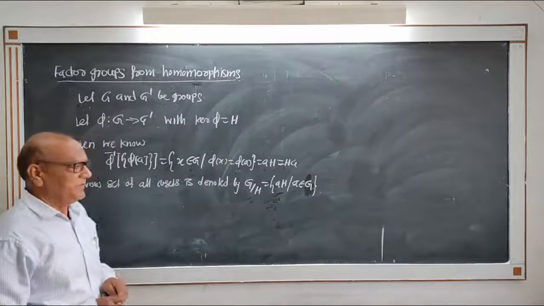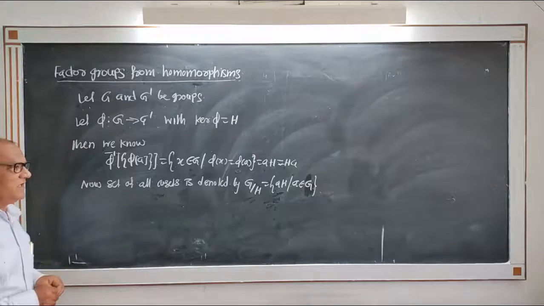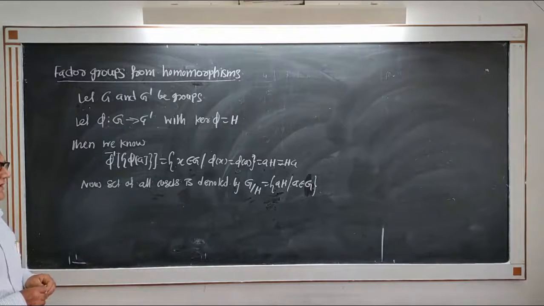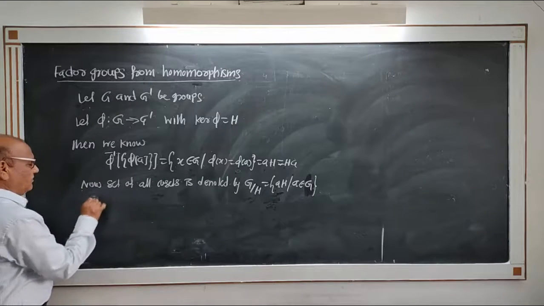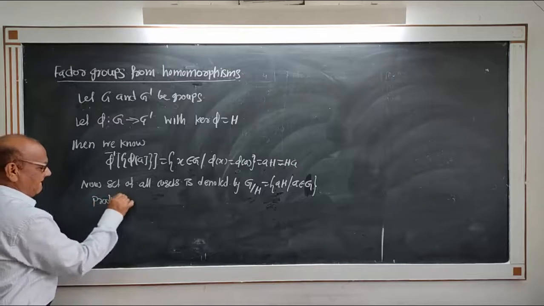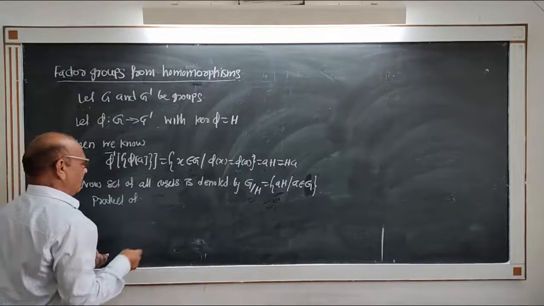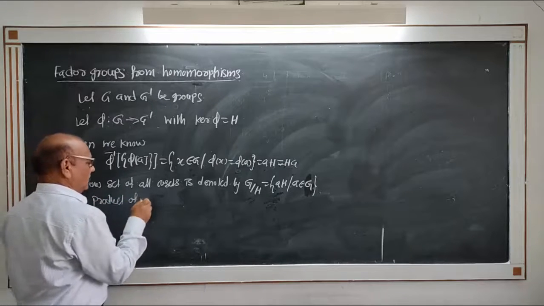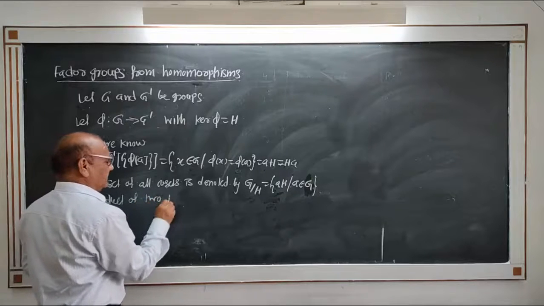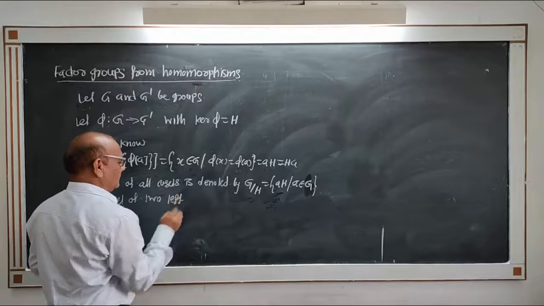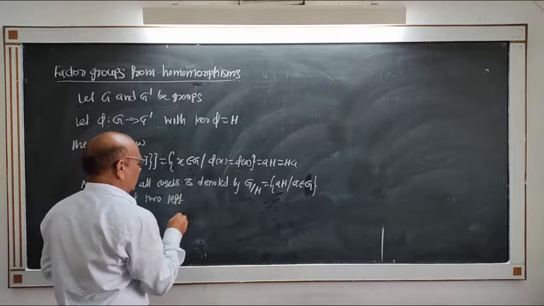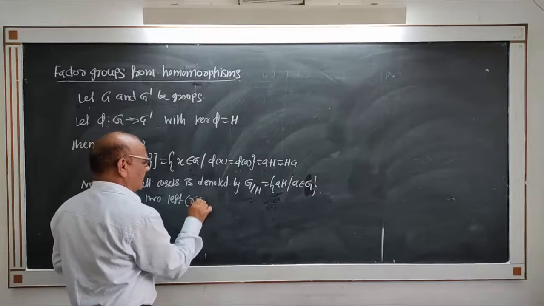Here, if H is the kernel of phi, then the product of two left cosets or right cosets is again a left or right coset.